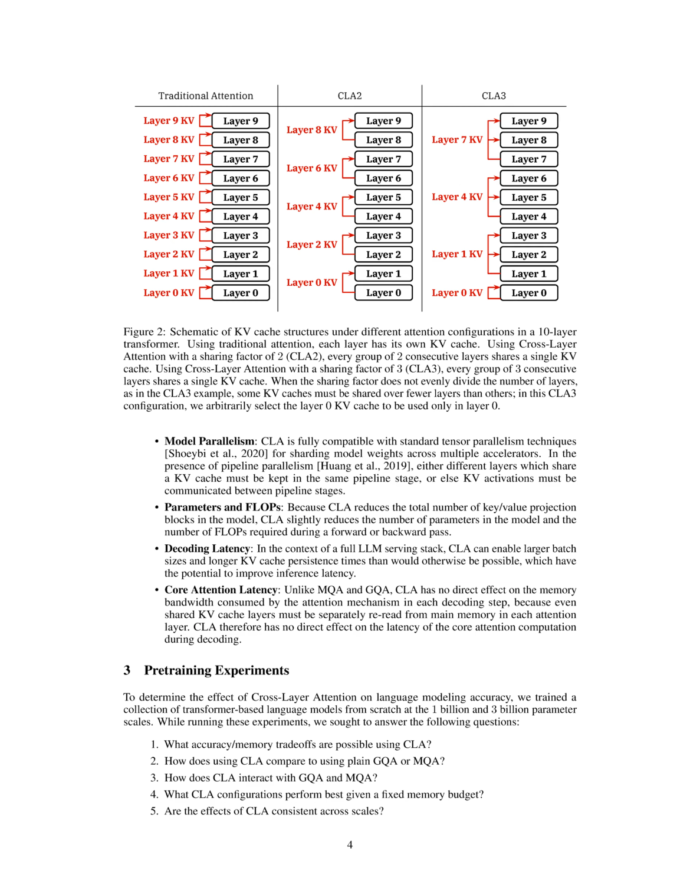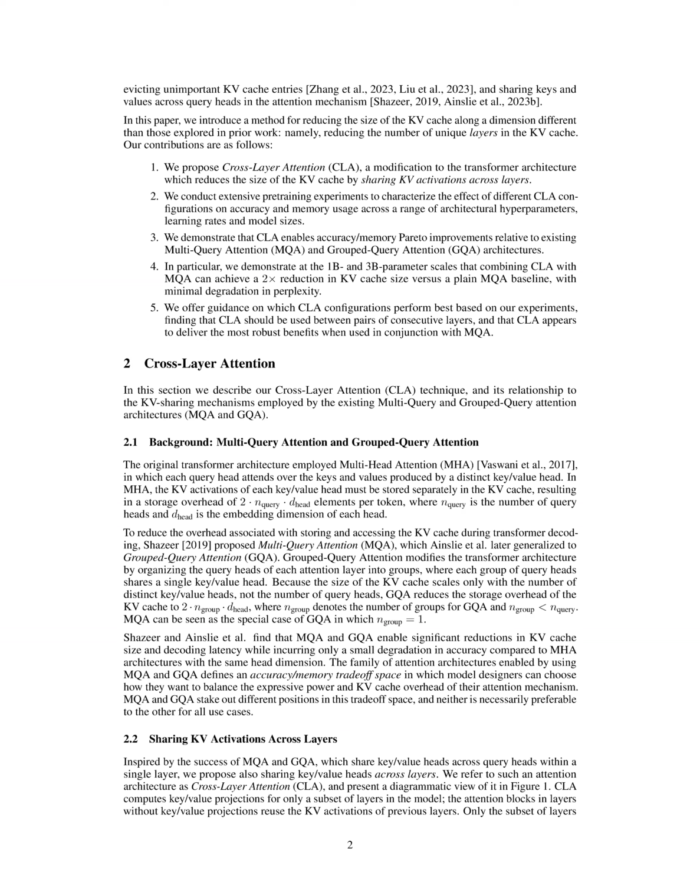The experiments involve training transformer-based language models at both the 1 billion and 3 billion parameter scales. The paper compares CLA to existing multi-query attention, MQA, and grouped query attention, GQA architectures, demonstrating that combining CLA with MQA can achieve a 2x reduction in KV cache size with minimal perplexity degradation.